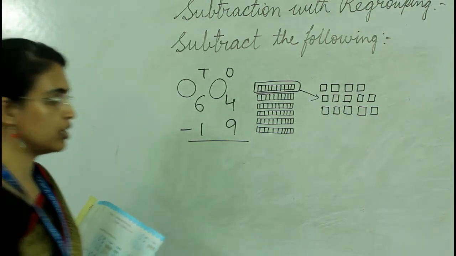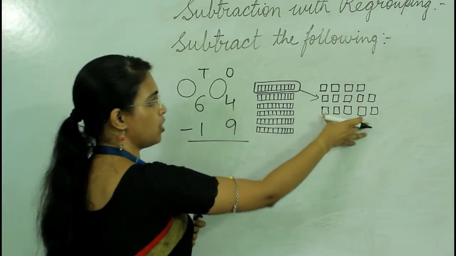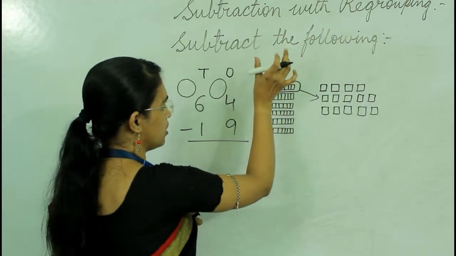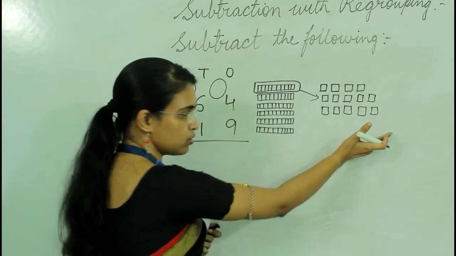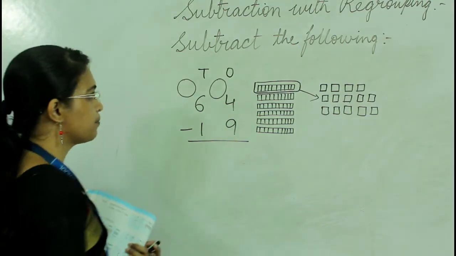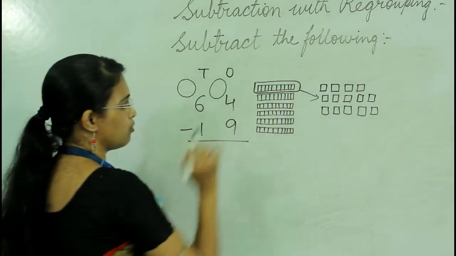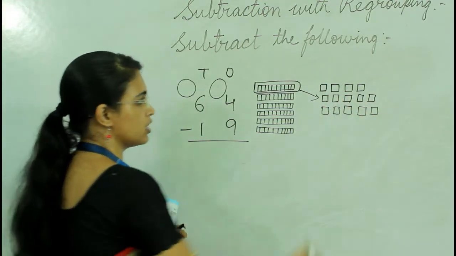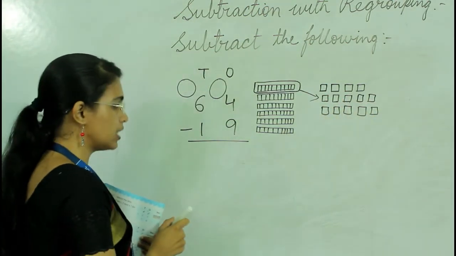In addition, we take separate blocks and make a group, but in subtraction we take a group and separate the blocks. So we have taken this one group, and after that we put these blocks in separately.